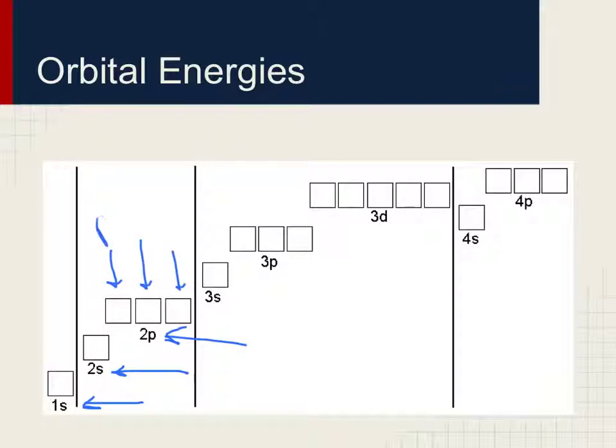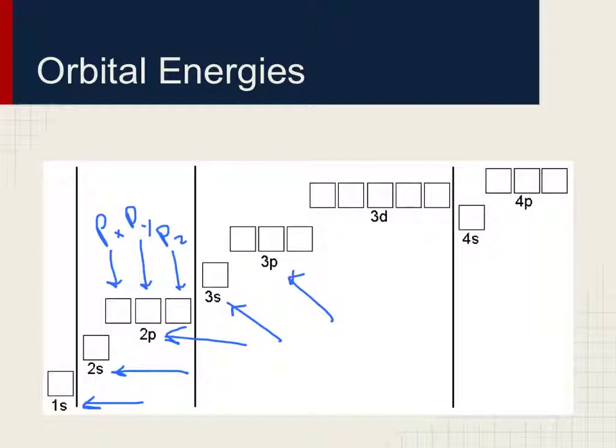So we might have the px, py, and the pz. And the 2p orbitals have higher energy than the 2s, but lower energy than the 3s. The 3s, again, is a single orbital. The 3p orbitals, again, have 3 different sublevels, but they have higher energy than the 3s.